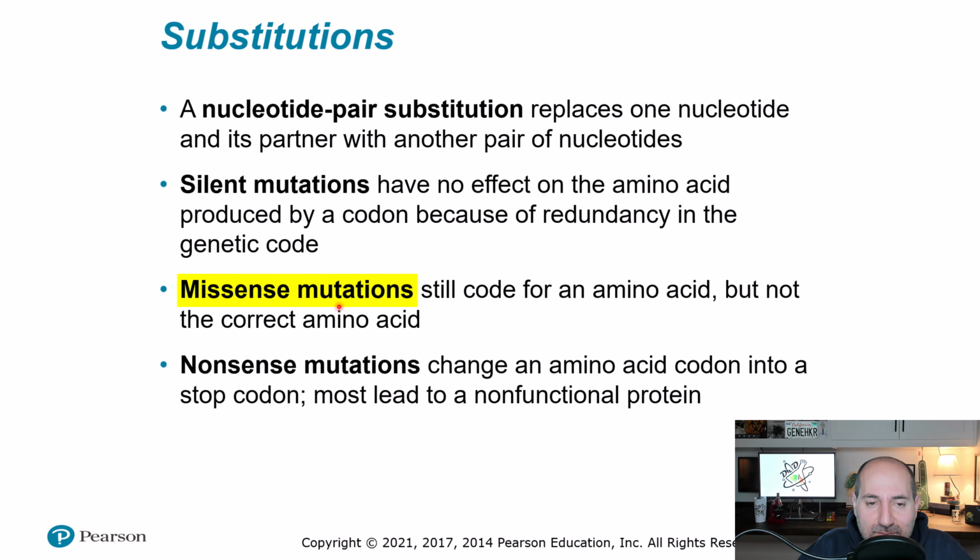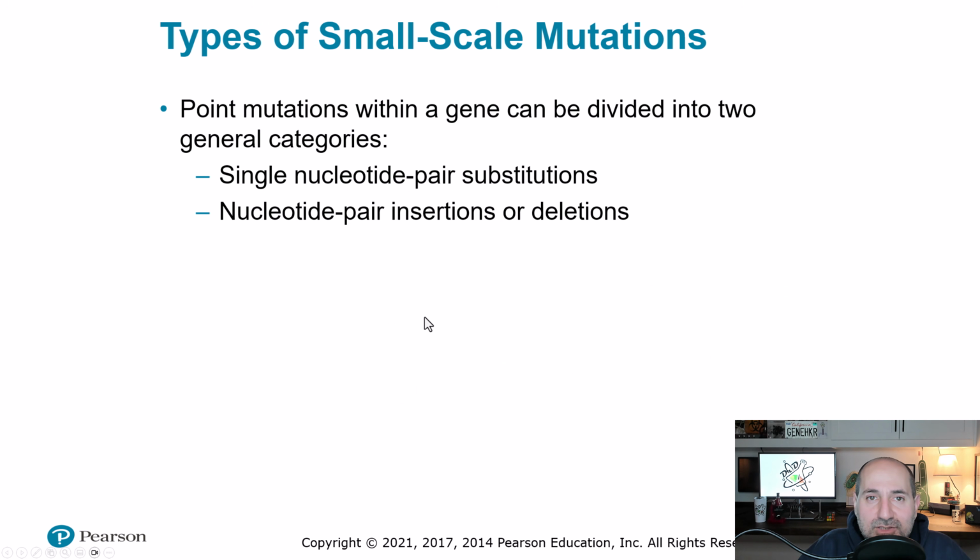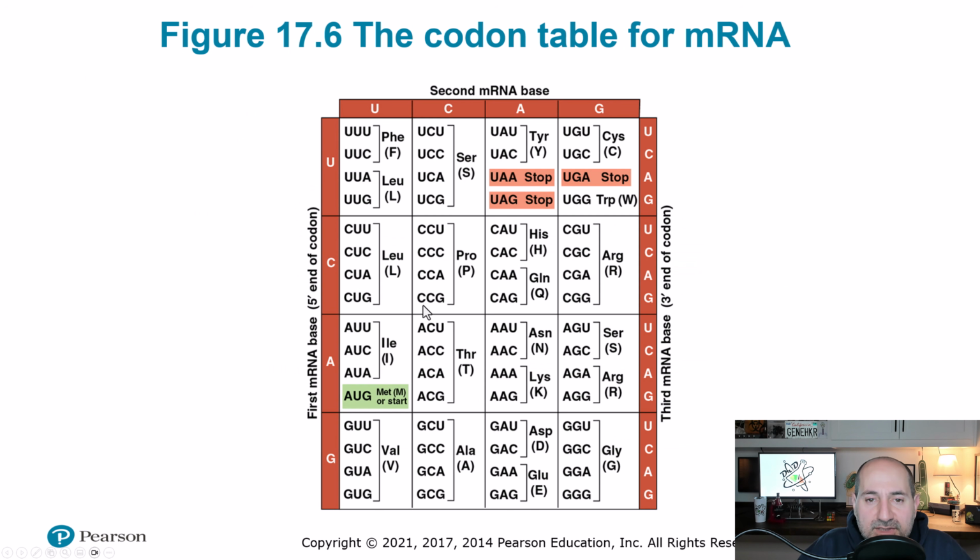A missense mutation is when you change a letter in the codon to still code for an amino acid, but not the right amino acid. Let me give you an example of a missense mutation. So take a look. What if I have CCC, and I give it a point mutation substitution to ACC?